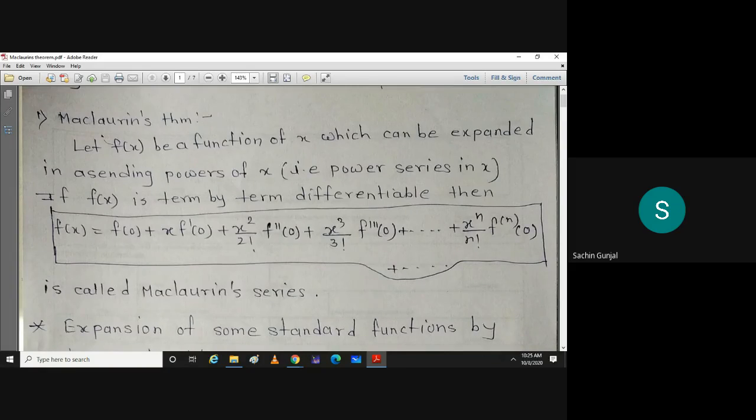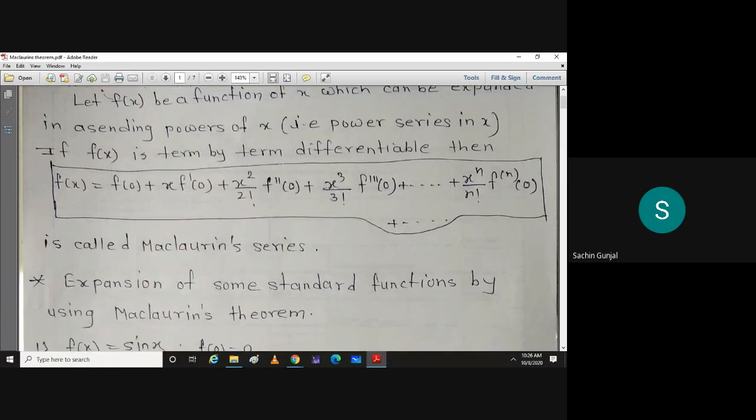One plus x upon 1 factorial plus x square by 2 factorial plus x cube by 3 factorial and so on. So this is the theorem which gives you that series. As of now, you were knowing it as a formula, right? Yes, sir. Now this is the theorem which gives you that expression.